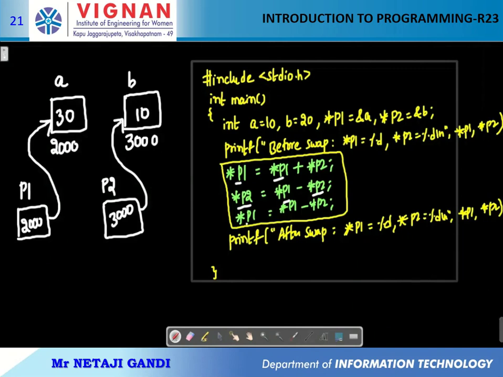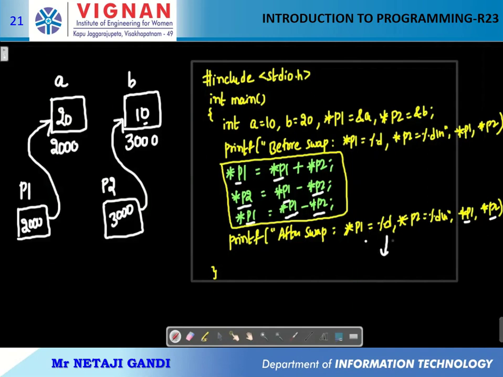And finally star p1 is equal to star p1 minus star p2. So star p1 is 30 and star p2 is 10. 30 minus 10 will be 20 and that will be stored inside this memory location which is pointed by p1. So this should be modified to 20. And finally we are displaying after swapping, star p1 content and then star p2 content.